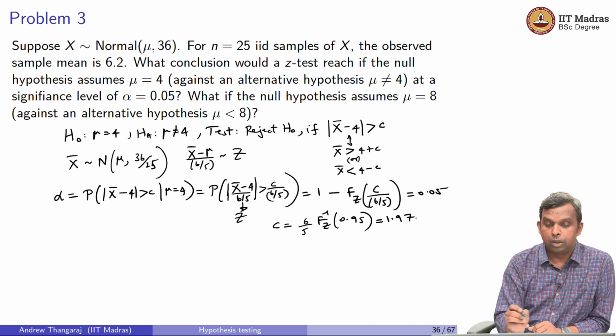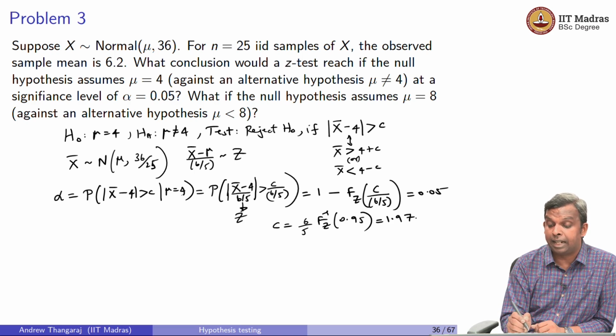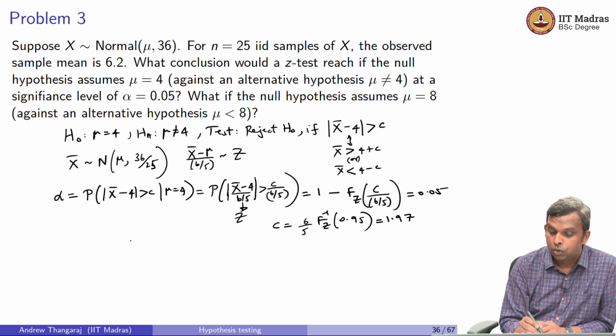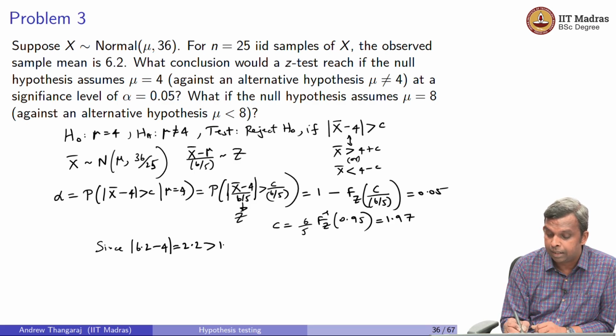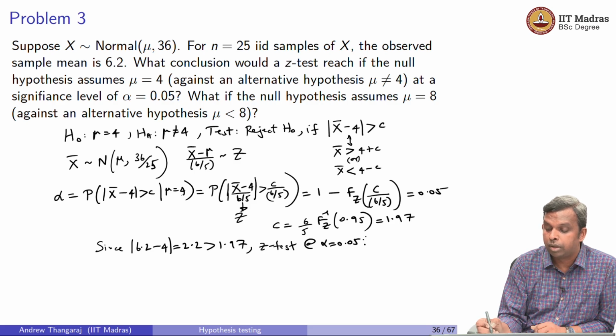So in this case, what has happened? The sample mean is 6.2, mod sample mean minus 4 is 2.2, which is actually greater than 1.97. So since 6.2 minus 4 equals 2.2 is greater than 1.97, the z-test at alpha equals 0.05 concludes that you reject H naught.